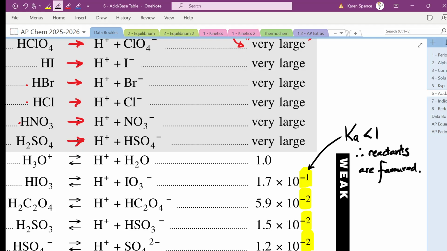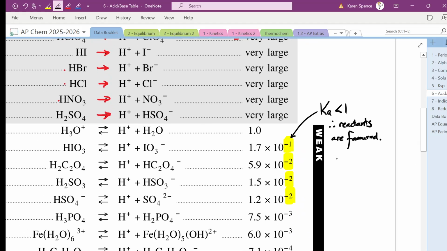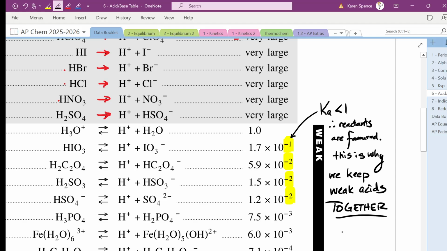So this is just looking at it from a mathematical perspective. That's why we keep the weak acids together in net ionic equations.